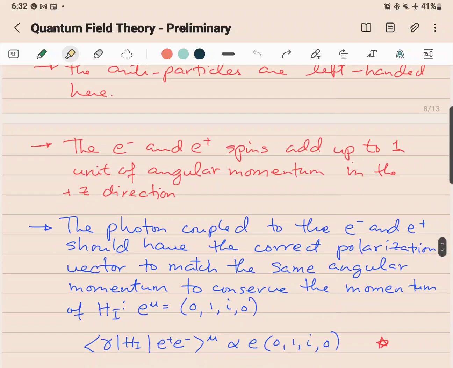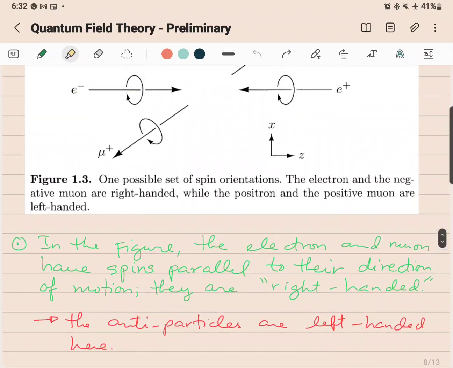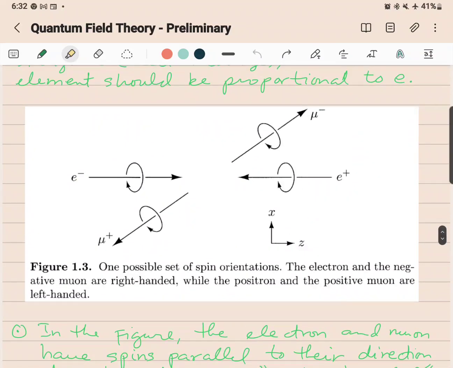So the electron and positron spins add up to 1 unit of angular momentum in the z direction, as you can see here. They add up to 1 because this is counterclockwise, and this one is also counterclockwise.